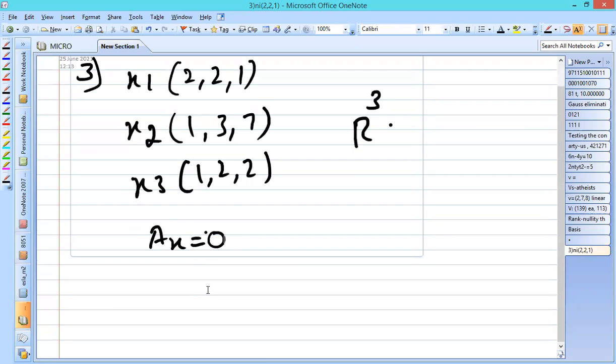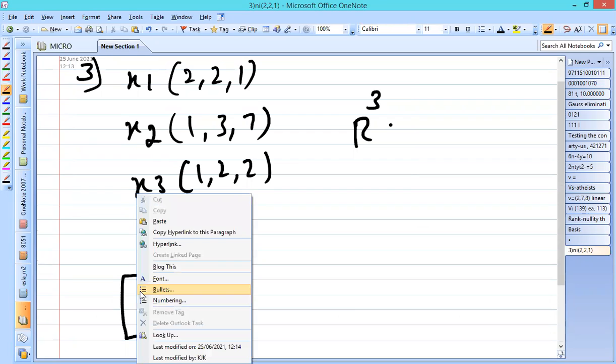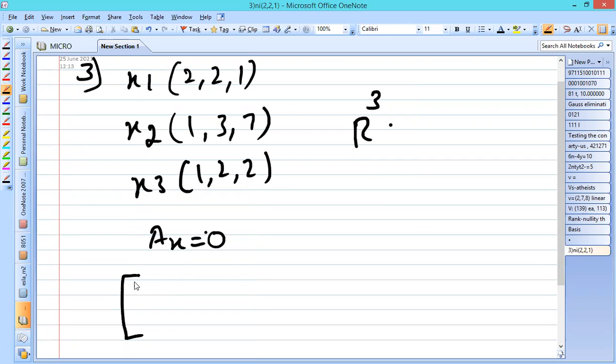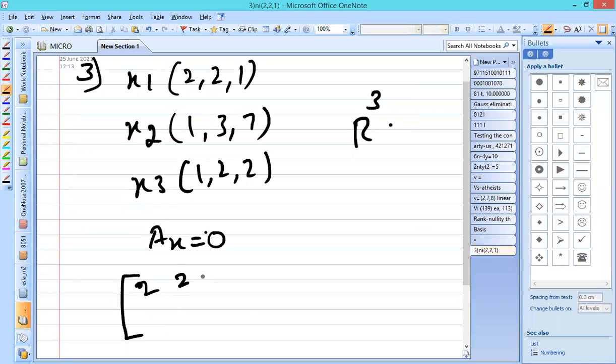You can write this as A with the elements 2, 2, 1, 1, 3, 7, 1, 2, 2, written row wise. So this is the matrix A.